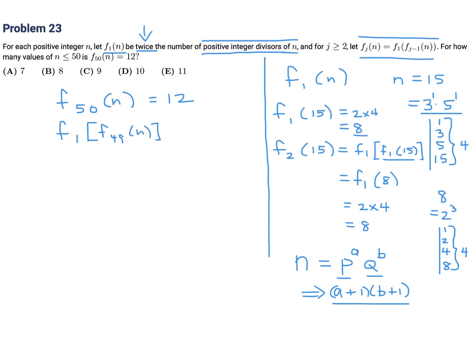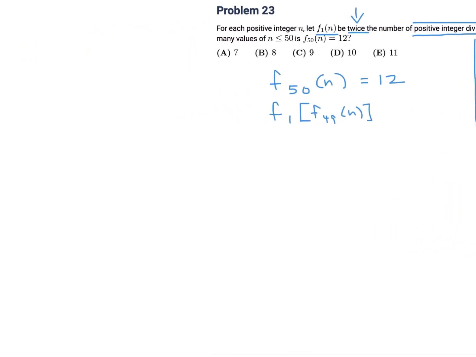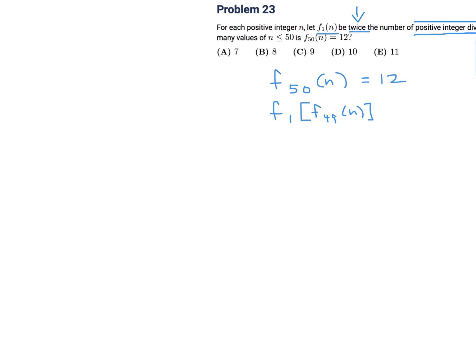So eventually you're going to have to go backward. Because we have to go backward, we have to get some understanding of what a 12 gives us. So let me explain.